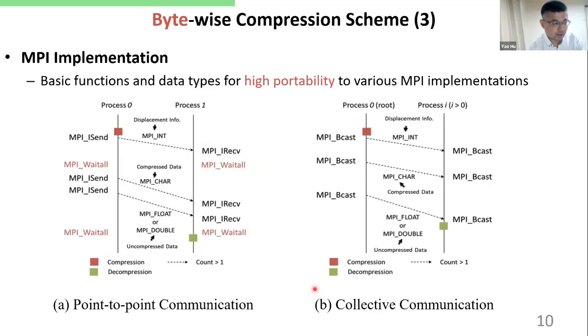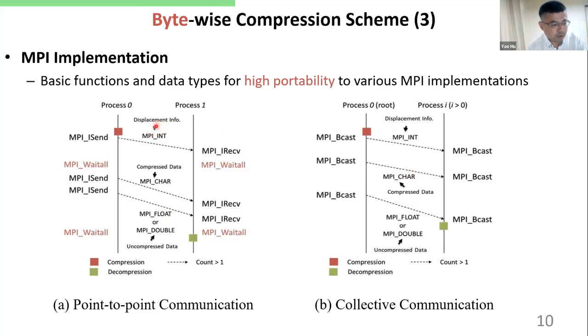This is the MPI implementation of the bytewise compression scheme. The left is the point-to-point communication, and the right is the collective communication. Here we use the basic functions and basic data types for high portability to different MPI implementations.